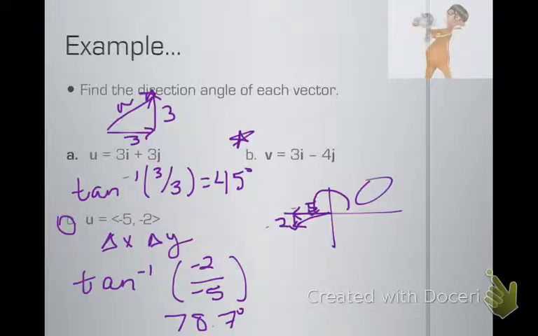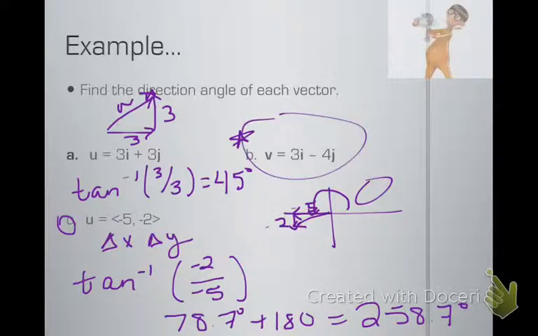I want third quadrant, so I actually need to add 180 degrees to this. 78.7 plus 180, we get 258.7 degrees. So that's a little bit better. That lines up with where we would expect this to end up on the axis there. So you're going to do this one.